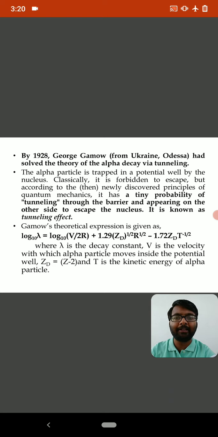He predicted that the alpha particle is trapped in a potential well by the nucleus.